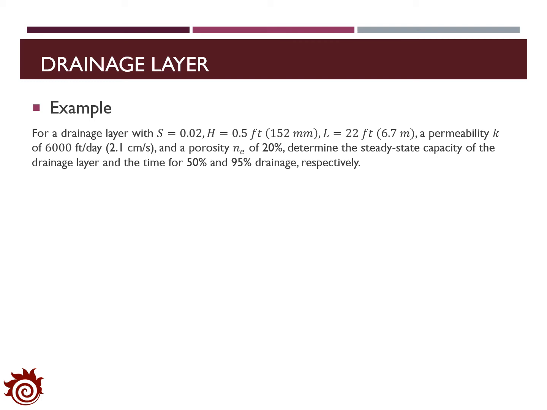So first, for the steady state capacity, Q equals K times H times S plus H over 2L. We have the value of all the variables on the right side.